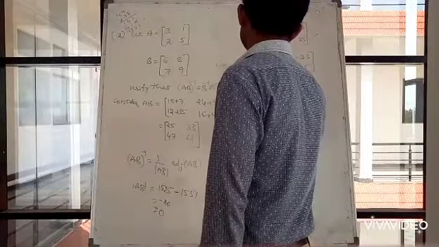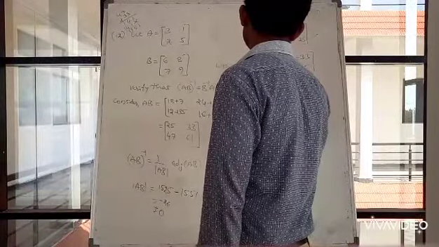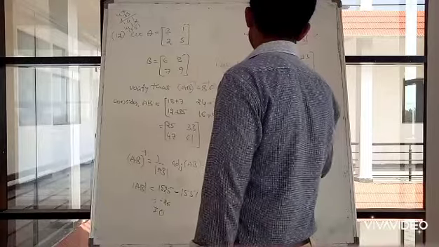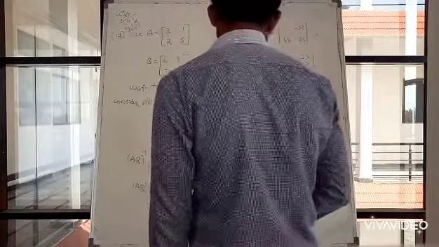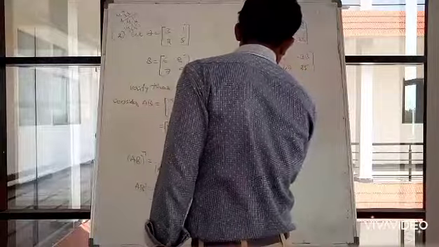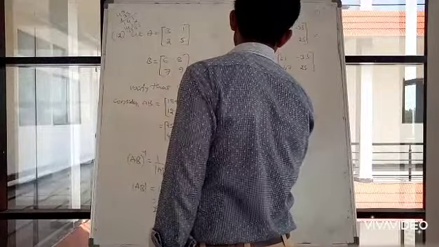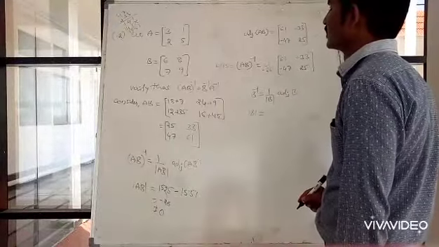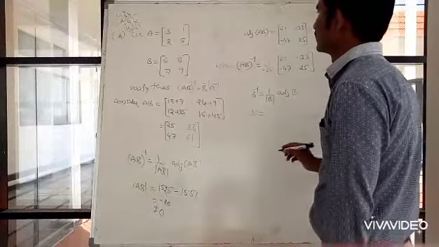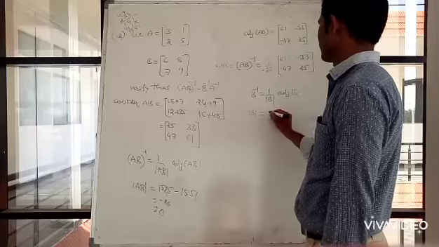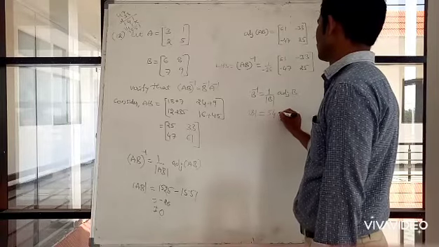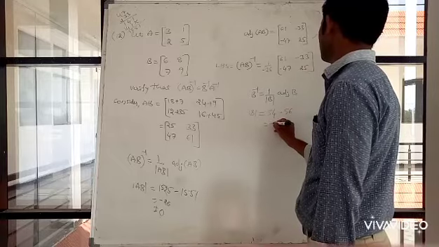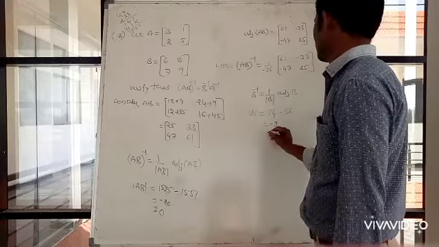So B inverse means 1 upon determinant of B into adjoint of B. So first calculate determinant of B. Determinant of B is 6 nines are 54 minus 56, equal to minus 2, which is not equal to 0.